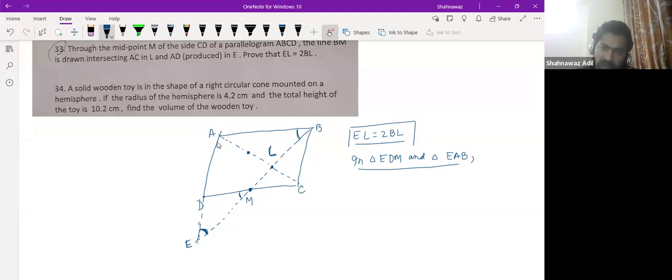This one we can also write. So angle E equal to angle E, that is common. And then angle M is equal to angle B, corresponding angles.